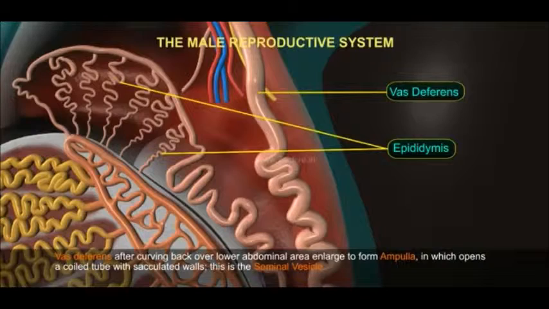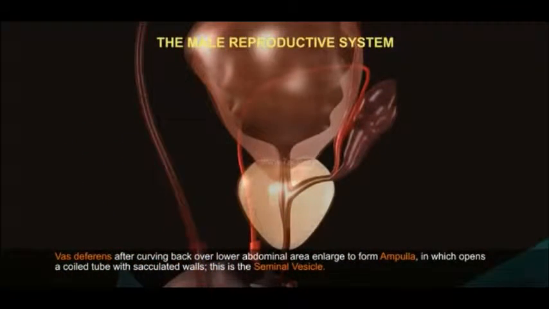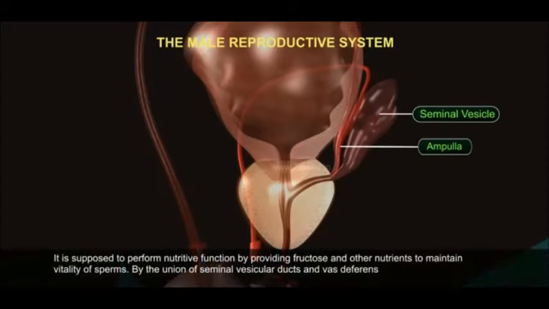The vas deferens, after curving back over the lower abdominal area, enlarges to form the ampulla, in which opens a coiled tube with convoluted walls. This is the seminal vesicle. It is supposed to perform a nutritive function by providing fructose and other nutrients to maintain the vitality of sperms.